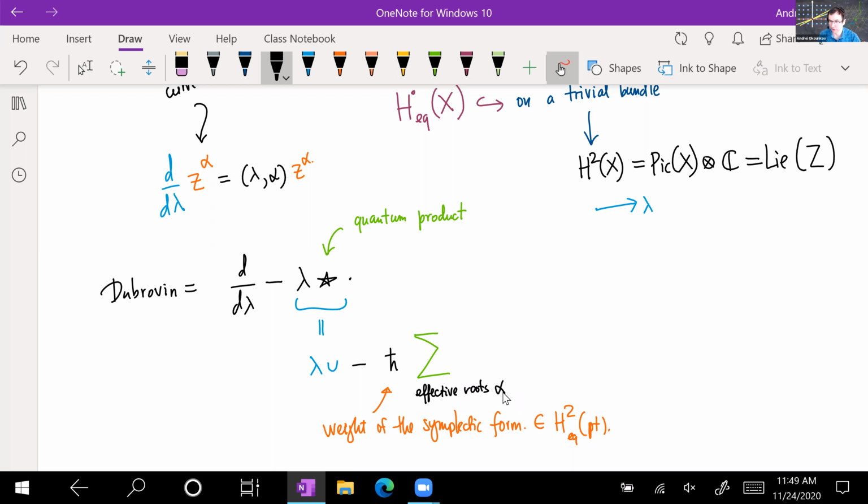And effective means, so these roots are the roots of the Lie algebra we constructed a long time ago. And then the first thing you do, you pair your lambda with the root, which is okay. Then you get a series which corresponds to, so a root is a curve class, and so this is just multiple covers.